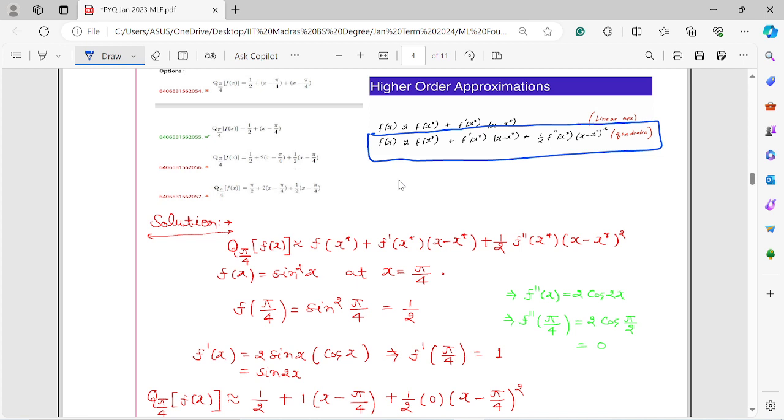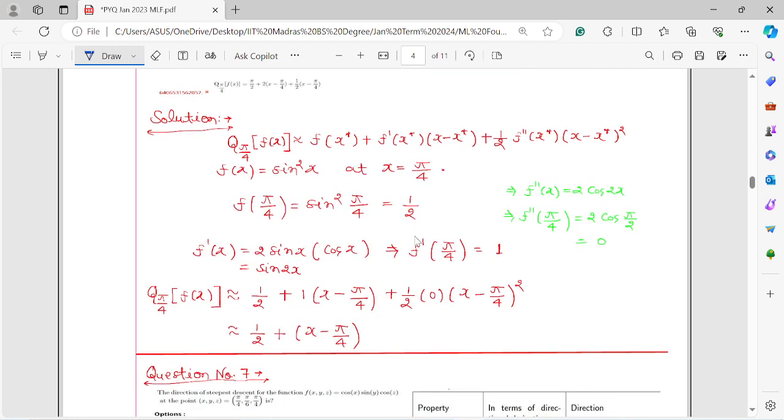So we have the function, sine squared x, at x equal to pi by 4. We have calculated the value of the function at pi by 4, which is equal to 1 by 2. Then we take the derivative of that function, which is equal to sine 2x, and we calculate the first derivative at pi by 4, which is equal to 1.